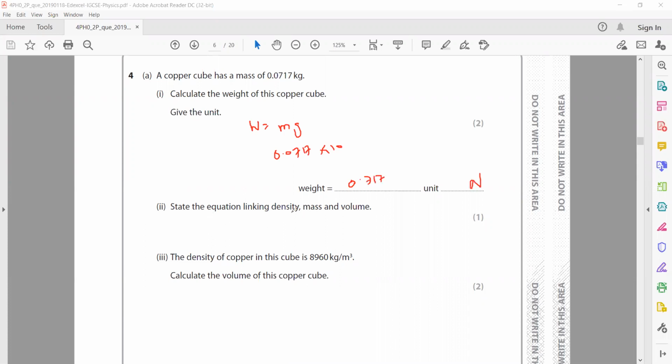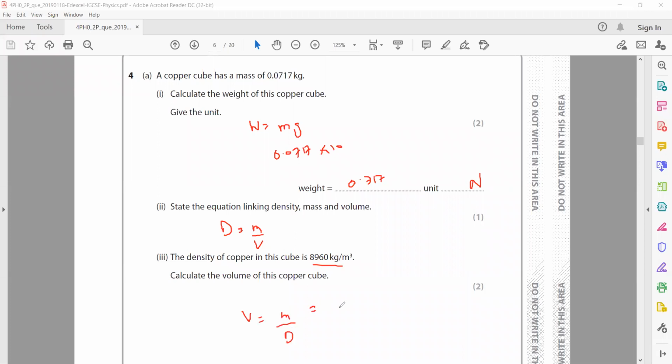The equation which relates density and mass: density is equal to mass over volume. The density is given, calculate the volume of this cube. So we have the density, and the mass is given. So we need the volume. Volume is equal to mass divided by density.